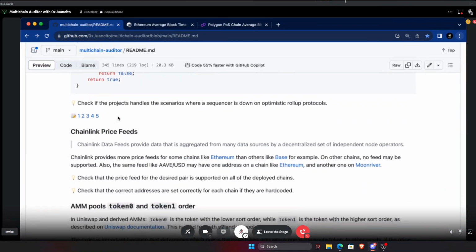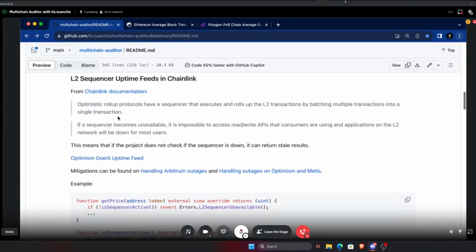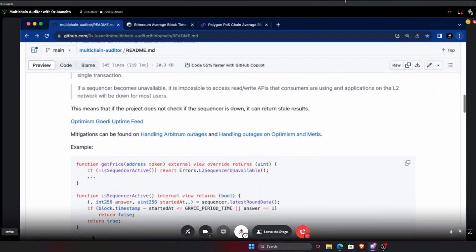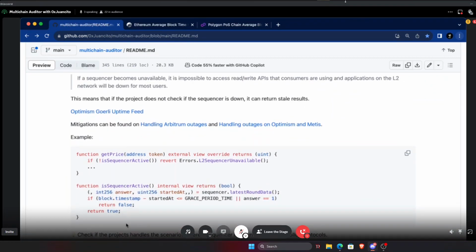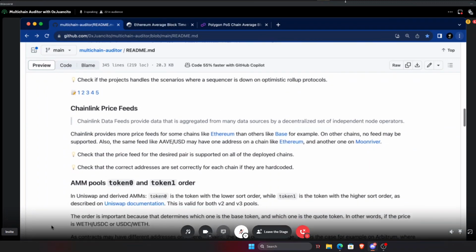I also see that Pashov on Twitter talked about this, so be mindful when you're using this, because there might be some edge cases where this is not valid. So please go through these issues and try to understand what's going on under the hood before posting some finding.